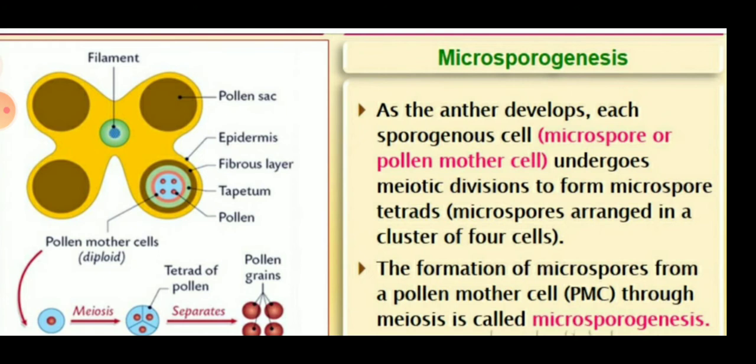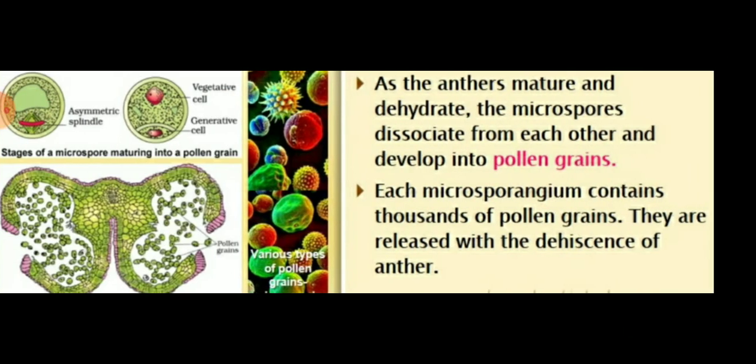Children, you can see in this picture the pollen sac with the four wall layers: epidermis, endothecium, middle layer and last, the tapetum. Due to the meiosis process, tetrads of pollen form. After that, these tetrads separate into pollen grains.